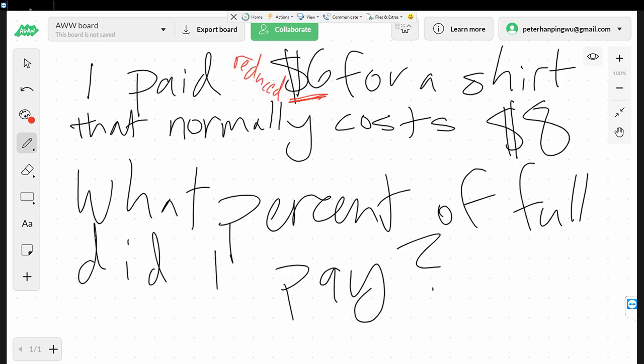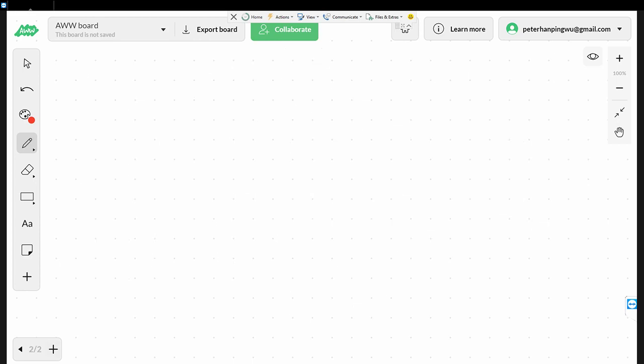And then the $8 is the full price. So there's our important information. And what's our question asking? It's asking, what percent of the full price did I pay? So moving on to our next page.